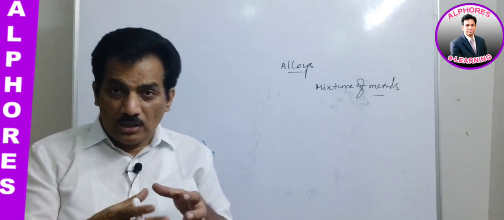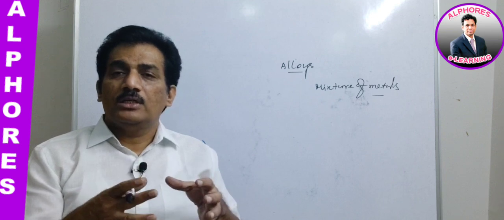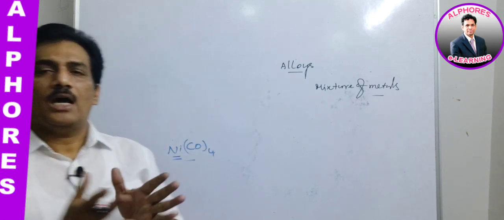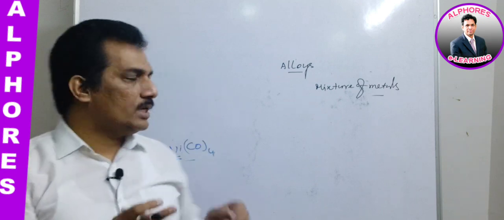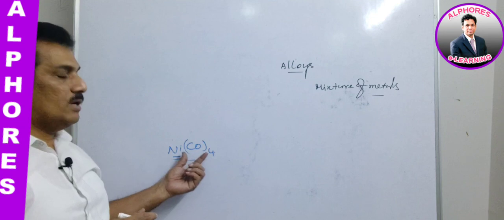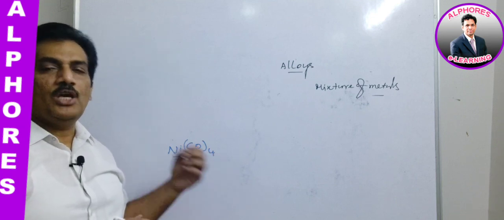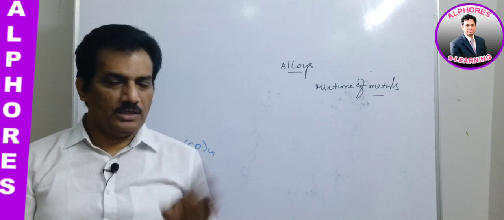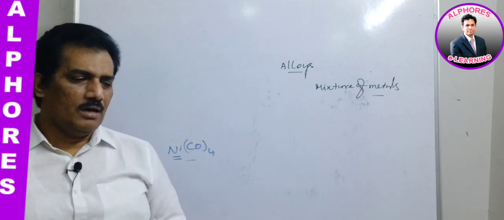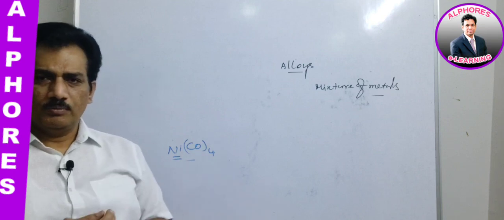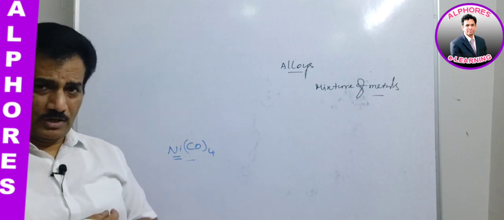There is no charge on any atom, because there is no migration or exchange of electrons. They are just mixed together. In such a case, in case of alloys and metal carbonyls, the oxidation state of the metal is taken as 0. Remember, it is an exception case. Clear? Like that, you can come across a few exceptions when you go through the different chapters.